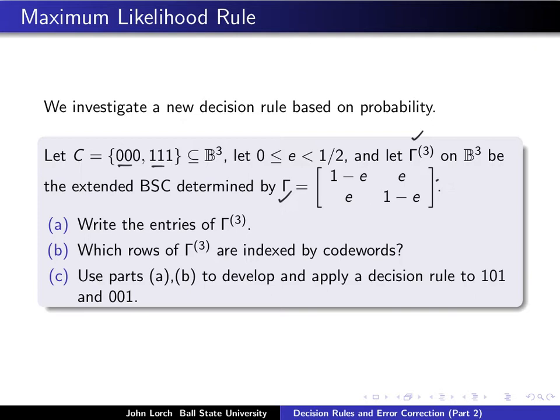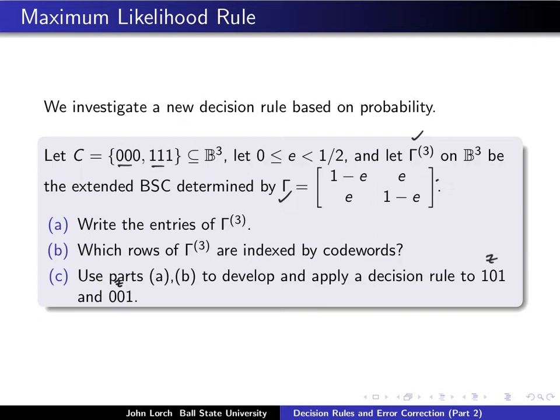So the first thing we're going to want to do is write the entries of this new channel matrix, gamma 3. Then we're going to identify which rows of gamma 3 are indexed by code words. And then we're going to use parts A and B to develop and apply a decision rule to received words 101 and 001.